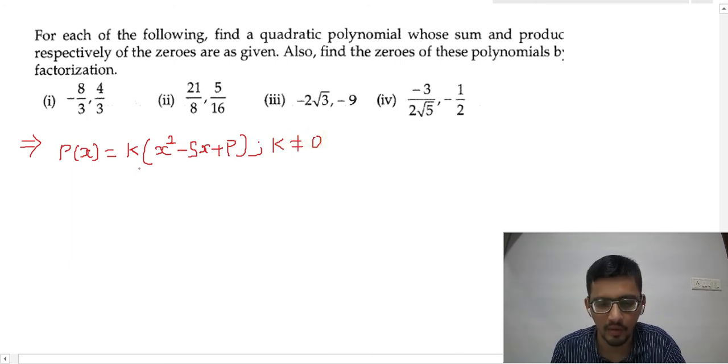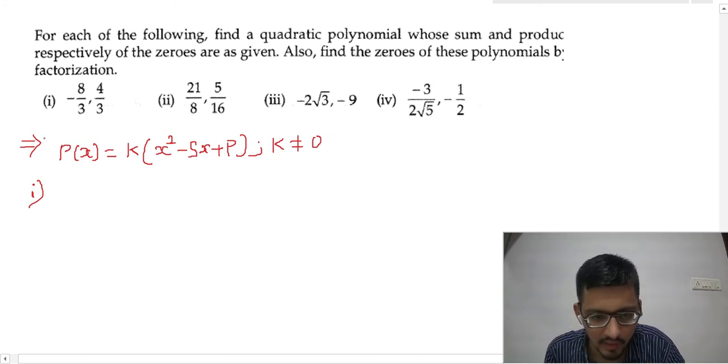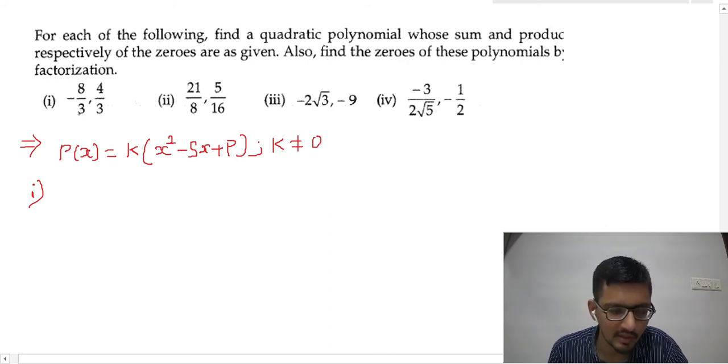This formula we already discussed. k into x square minus sum into x plus product. So these are not actually the roots. If you read the question, they are telling these are sum and product. So you need not add these to find the sum. Minus 8 by 3 is the sum itself, and 4 by 3 is the product itself. So how to form the polynomial? In question number 1, summation is minus 8 by 3 and product is what? 4 by 3.